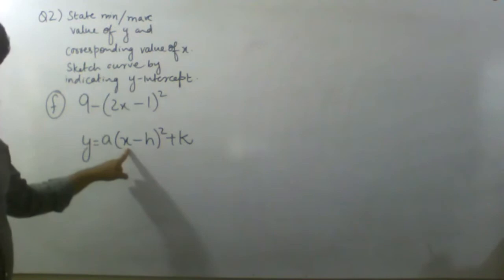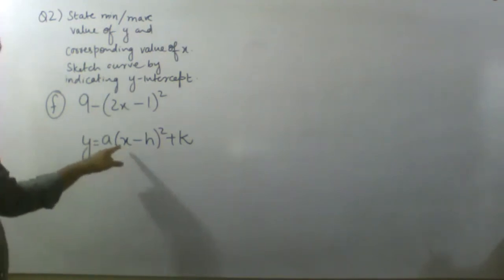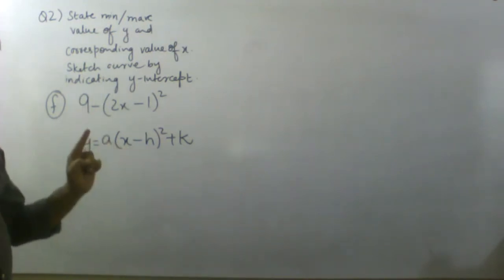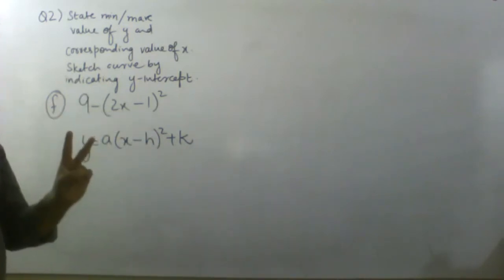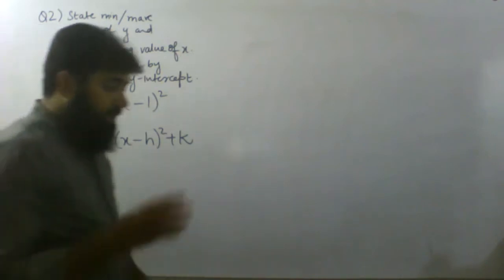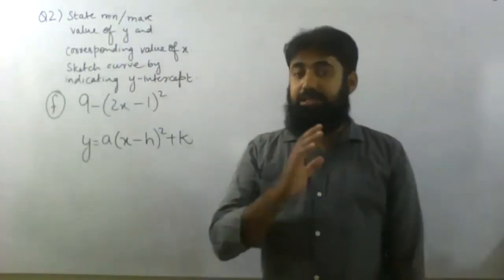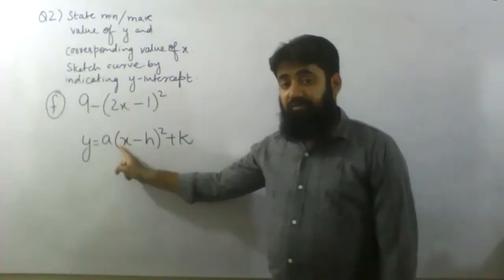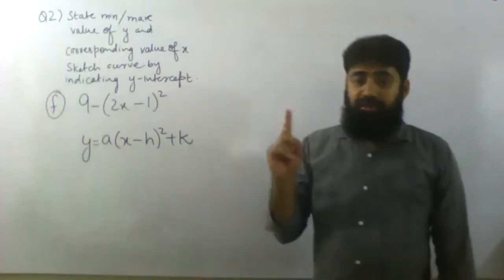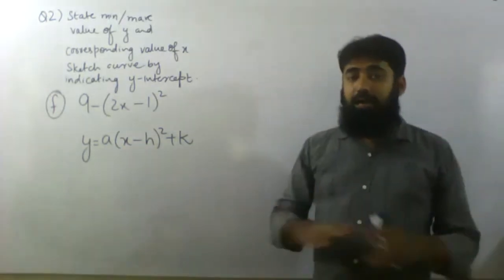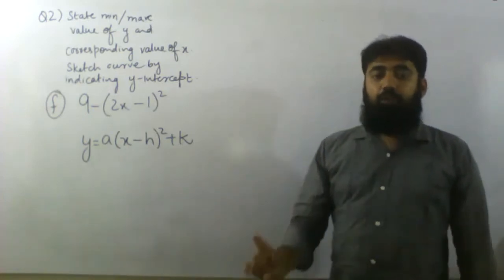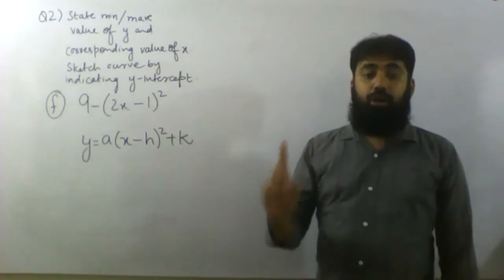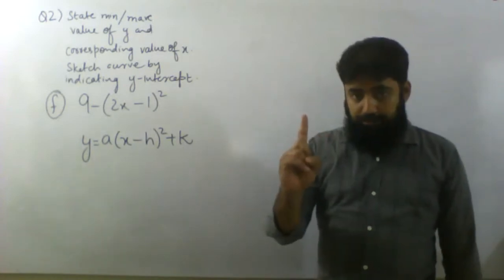Inside the bracket, the coefficient of x is 1, but over here, the coefficient of x is 2. So if the coefficient of x is not 1, which is the first requirement, I can't compare anything else. First of all, I have to make the coefficient of x as 1.